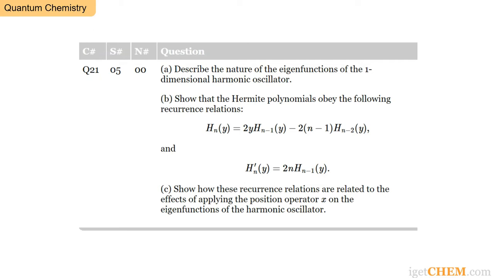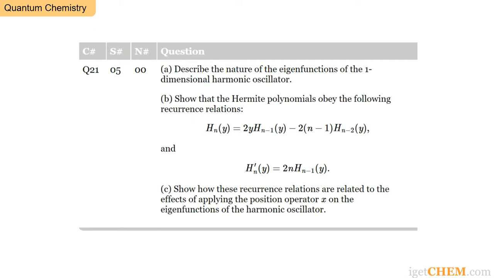A, describe the nature of the eigenfunctions of the one-dimensional harmonic oscillator. B, show that the Hermite polynomials obey the following recurrence relations, and they're written here. I'll let you read them yourself.